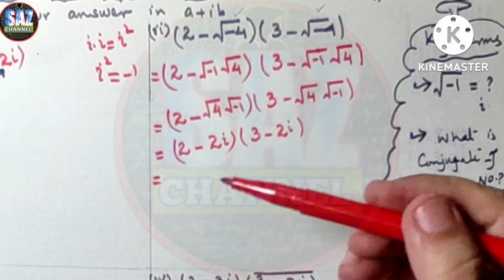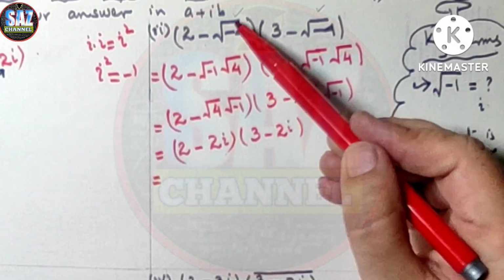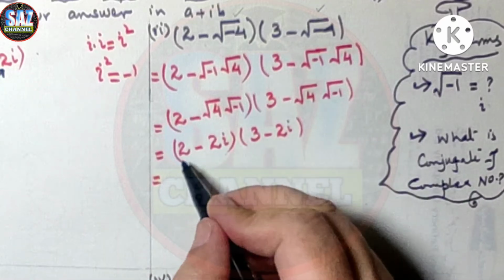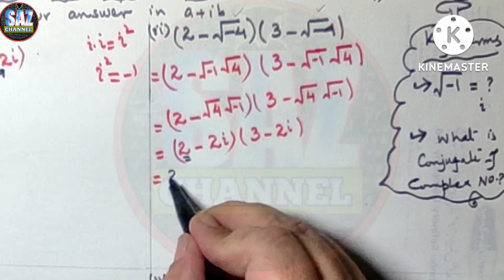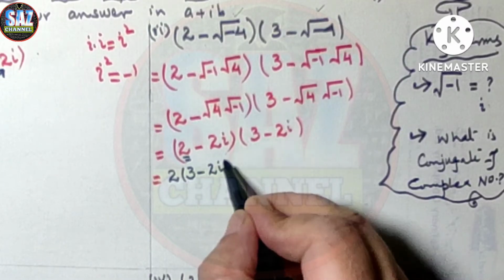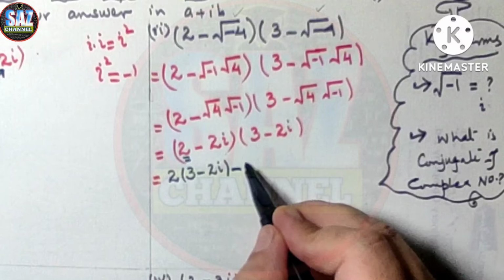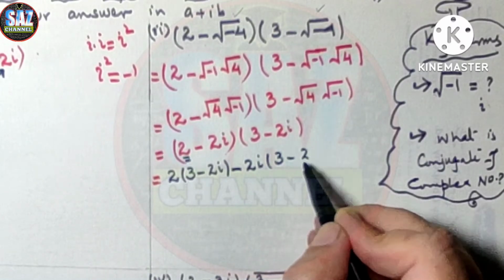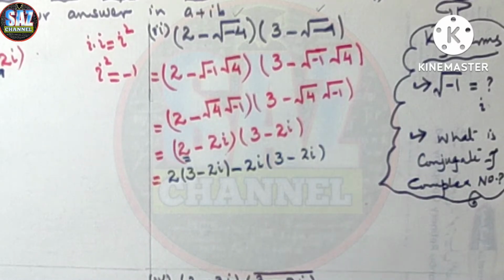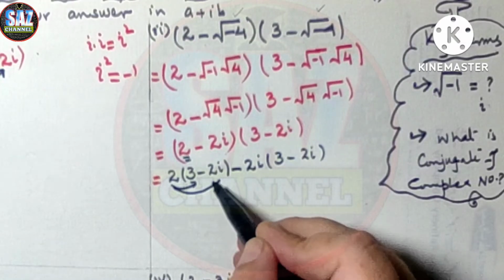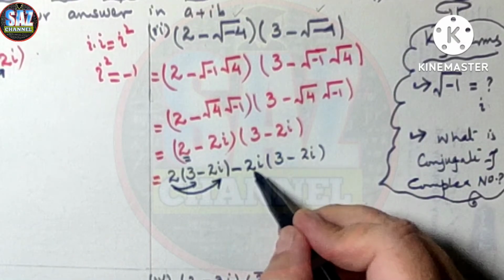We have converted this square root of minus 4 in the form of iota, and now it is time to apply the distributive property. I will take the first number of the first bracket and write it with the second bracket completely, and then take the second number of the first bracket and write it with the second bracket completely, and after that apply the distributive property, that is, multiply every term inside the bracket with the outside number.